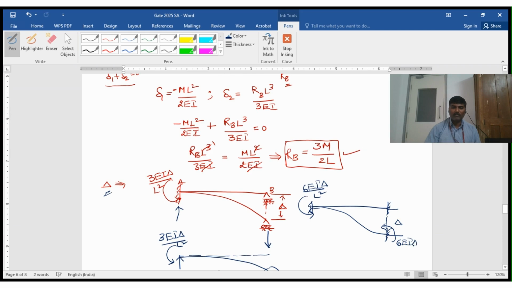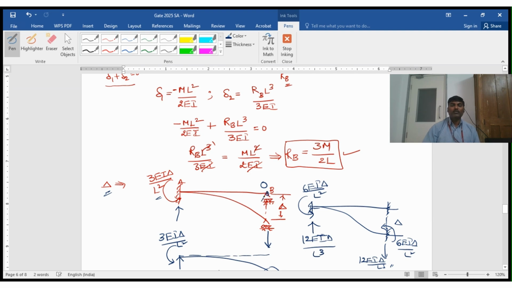The reactions will be, you see this is an anti-clockwise moment, so for a clockwise moment to be developed, there should be a downward reaction 12EI delta by L cube. This reaction is also 12EI delta by L cube. So this is the case for the fixed beam, whereas here it is the one end fixed, other end hinge case. This is the moment developed. At the hinge end the moment developed is zero. It can't have moment.